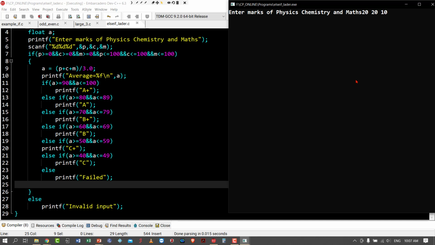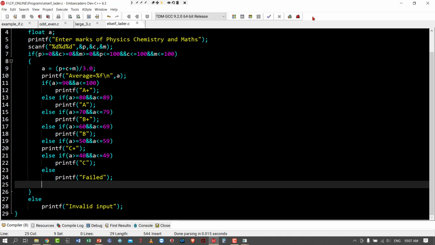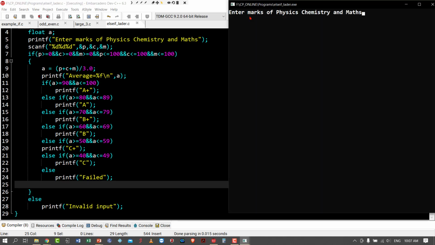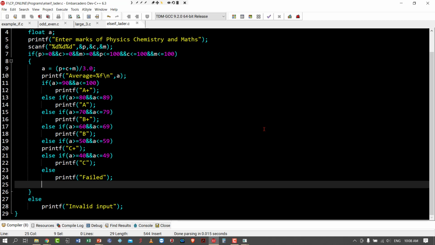Definitely these marks will come under failed. Average is 16 and it is failed. One more condition I will check. Suppose it is 50, 40 and again 50. So C, between 40 and 49. Is it clear?